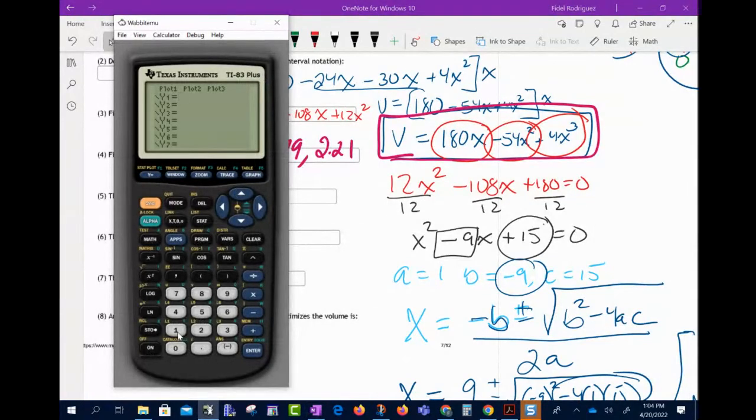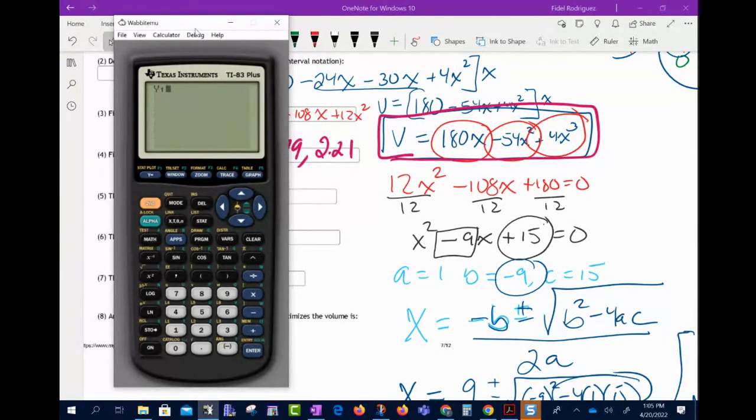Let me go to my y equals. I'm going to type in my function. Y is 180x minus 54x squared plus 4x to the third. Okay, so there's my function, right? I just entered in the original one that we had.